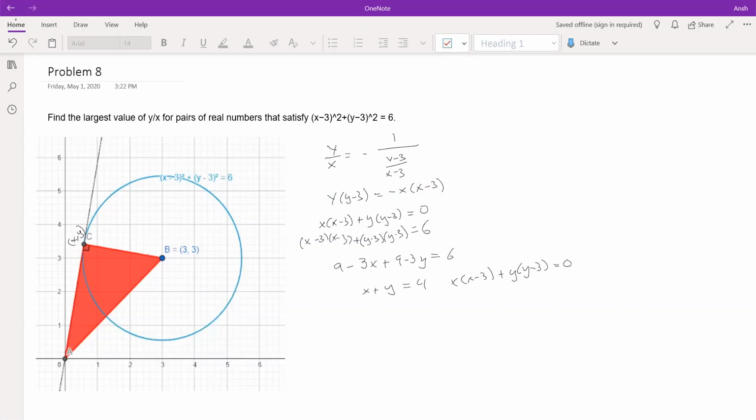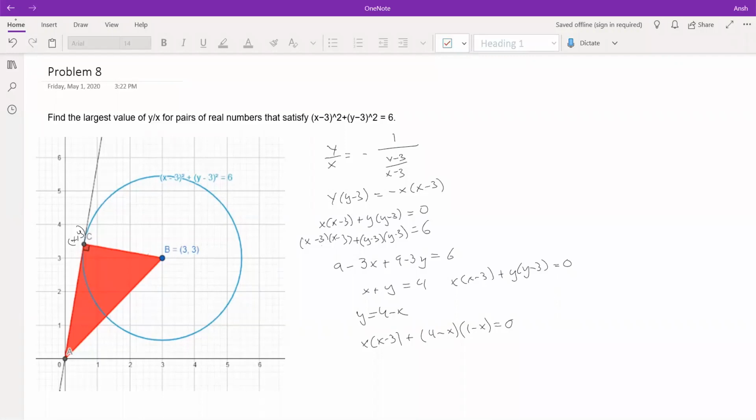So at this point, this problem gets a little messy, and that's pretty characteristic of coordinate bashing whenever there's anything other than lines involved. And we'll have to end up using the quadratic formula to solve these equations. So we can substitute in y equals 4 minus x into this equation, which will give us x times x minus 3 plus 4 minus x times 1 minus x equals 0.